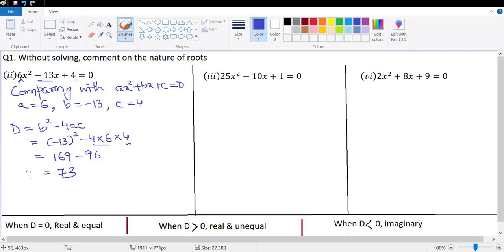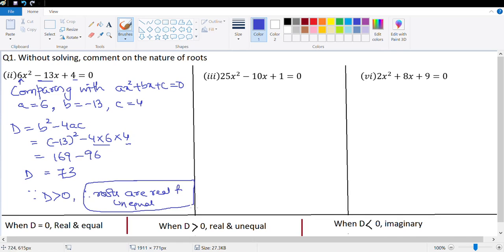Now since d is more than 0, therefore roots are real and unequal. Important to realize this and remember this. There are three conditions. When d is equal to 0, roots are real and equal. When d is more than 0, roots are real and unequal. And when d is less than 0, roots are imaginary.